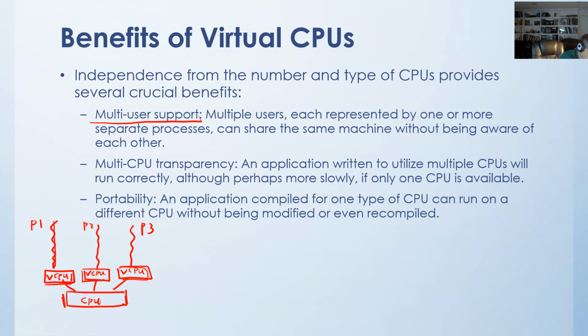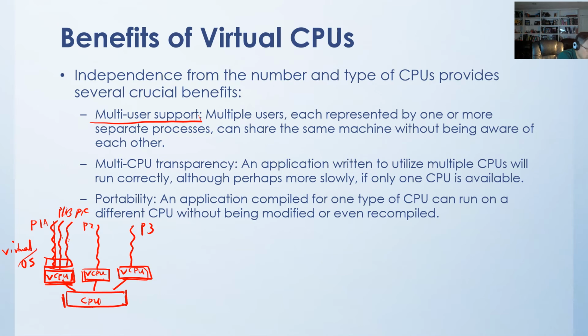And in most cases, a virtual CPU can be run by multiple processes. Let's say process 1A, 1B, 1C. So you have multiple processes running on the same virtual CPU. Now this can create the illusion that you have multiple machines. Sometimes you can even install a dedicated operating system called a virtual operating system.